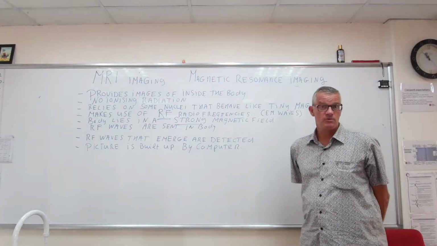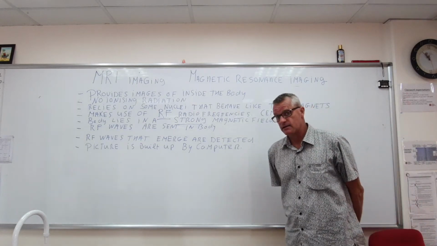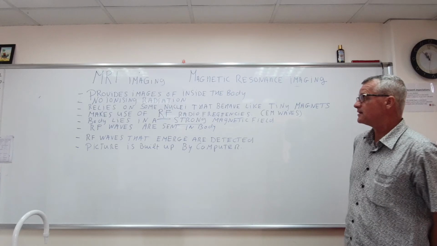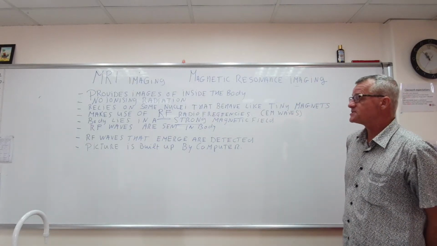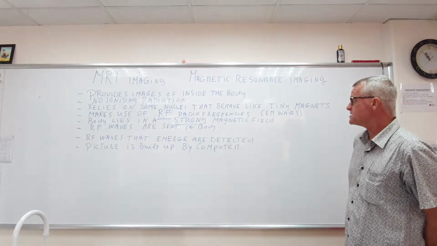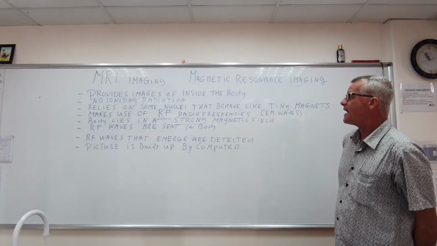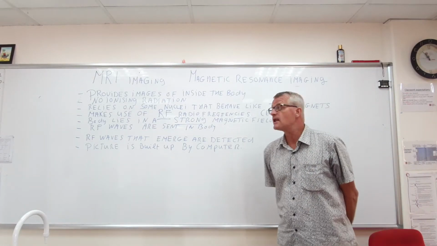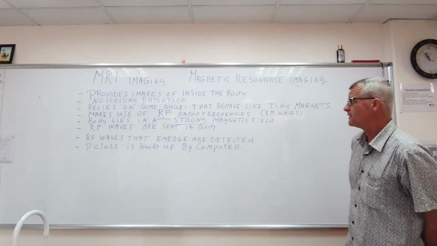It has no ionizing radiation, and it relies on some nuclei that behave like tiny magnets. It also makes use of radio frequencies, electromagnetic waves, and you need to know that the body, when we are doing the scan, lies in a strong magnetic field.